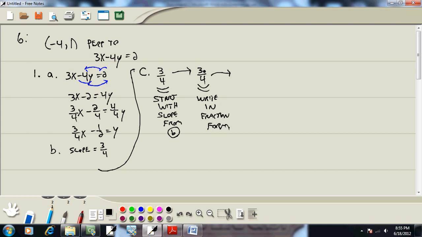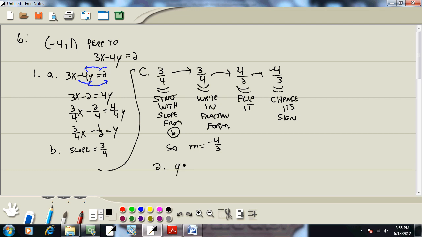If you had a number like 5, though, you'd put it as 5/1. Flip it. This is the reciprocal part. Bottom goes to top, top goes to the bottom. And then change its sign. So it goes from a positive 4/3 to a negative 4/3. So the m we're trying to find is going to be -4/3.